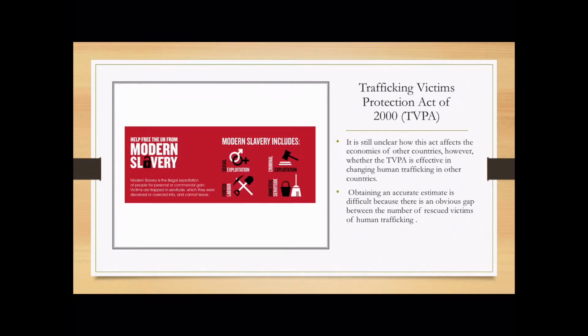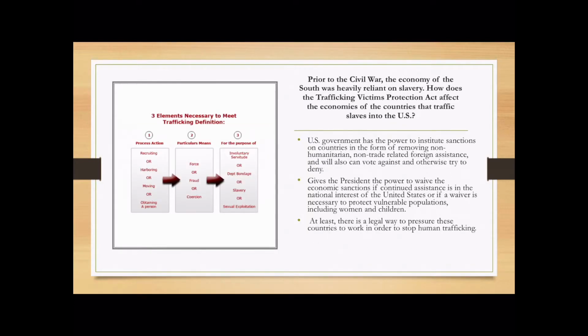Under the TVPA, the U.S. government has the power to institute sanctions on countries in the form of removing non-humanitarian, non-trade-related foreign assistance, and can also vote against and otherwise try to deny multilateral assistance.